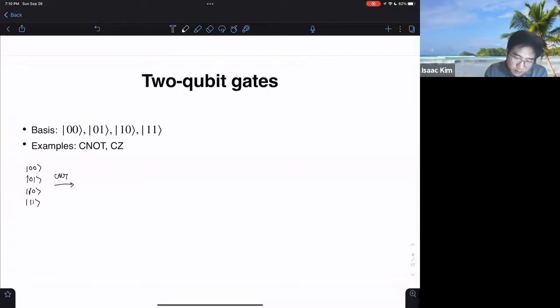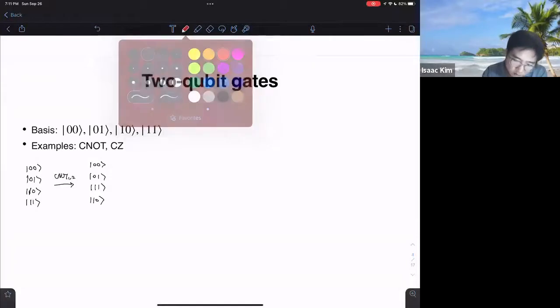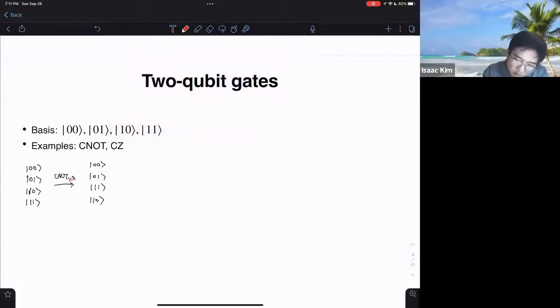Under CNOT, these basis states transform as follows. And I should say this is actually not symmetric under the exchange of the two qubits. So you can see that there are two indices here.